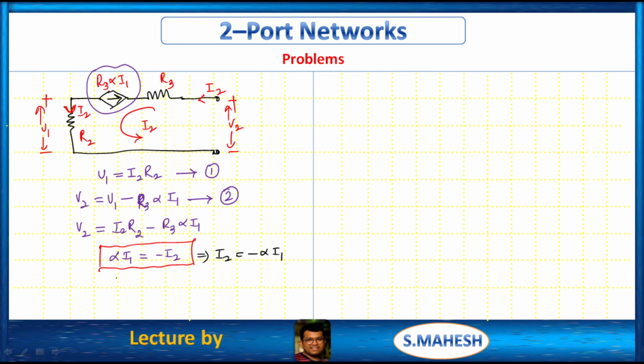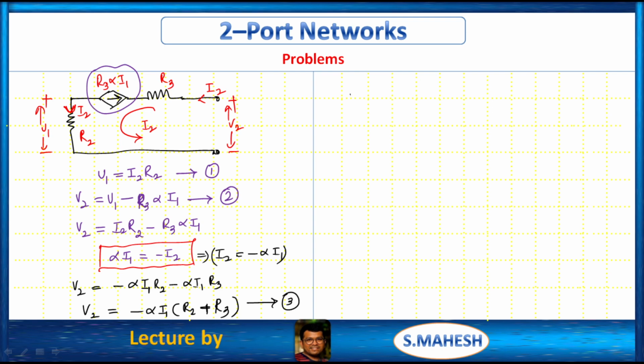Therefore V2 is minus alpha I1 R2 minus alpha I1 R3. Therefore V2 is minus alpha I1 times R2 plus R3. Yes, V2 is like this.